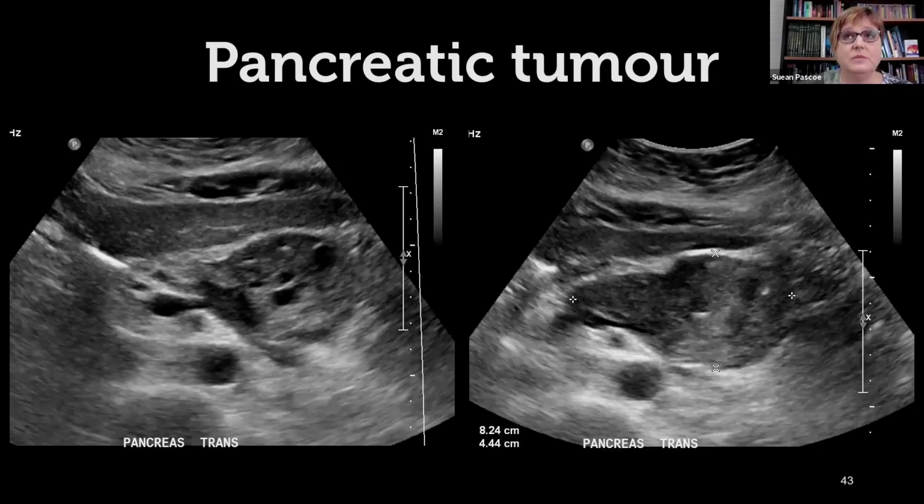Now, here are some cases where we have seen the mass itself. And I think it's quite obvious here that there's something going on in this pancreas. Depending on whether they're malignant or whatever, they can have mixed echogenicity, and they can appear anywhere in the pancreas.